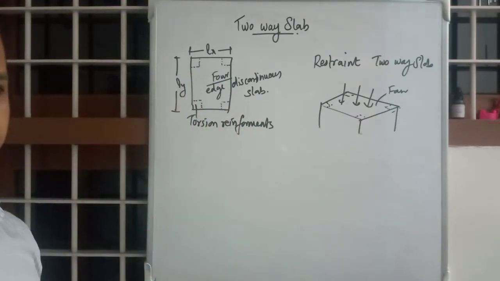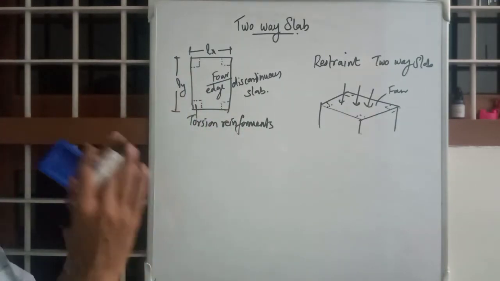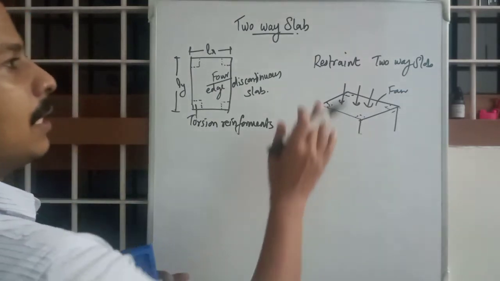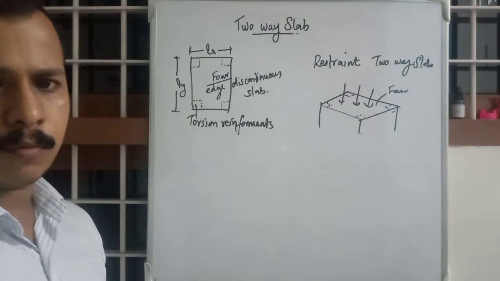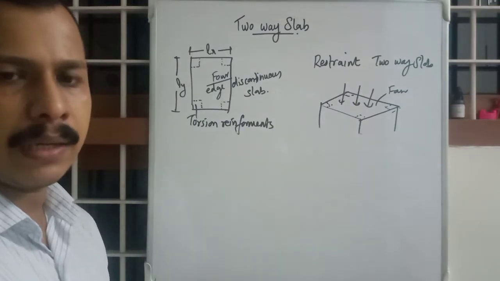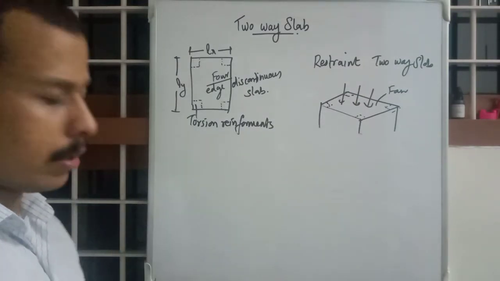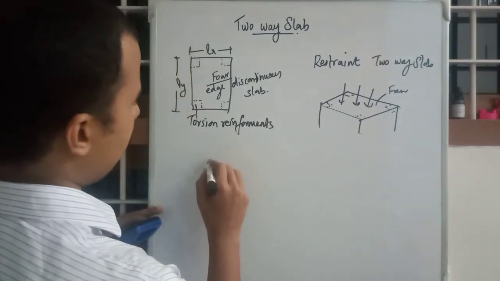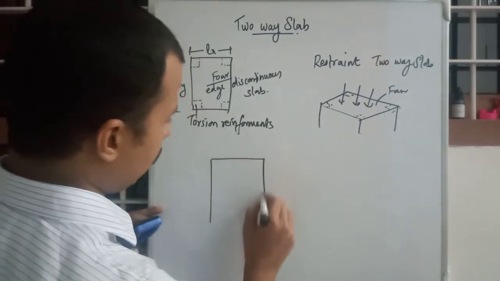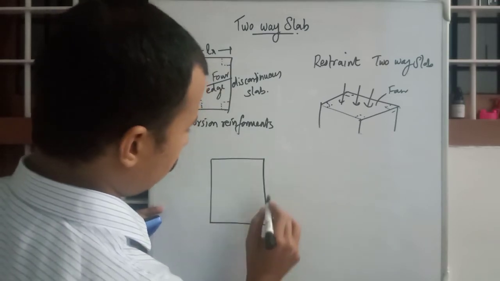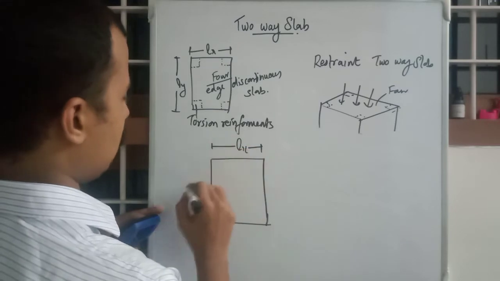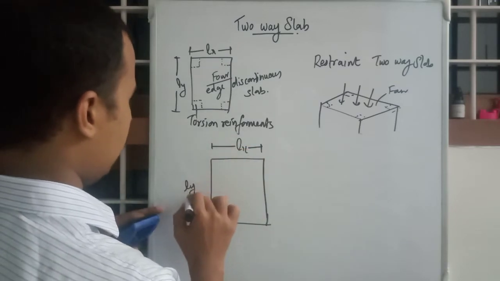Back to the basics. While designing a 4-edge discontinuous slab, what is the difference between restrained and simply supported? What differences should be made in 2-way slabs? It is very simple. While designing a 4-way slab, same thing I am drawing here, LX, LY.